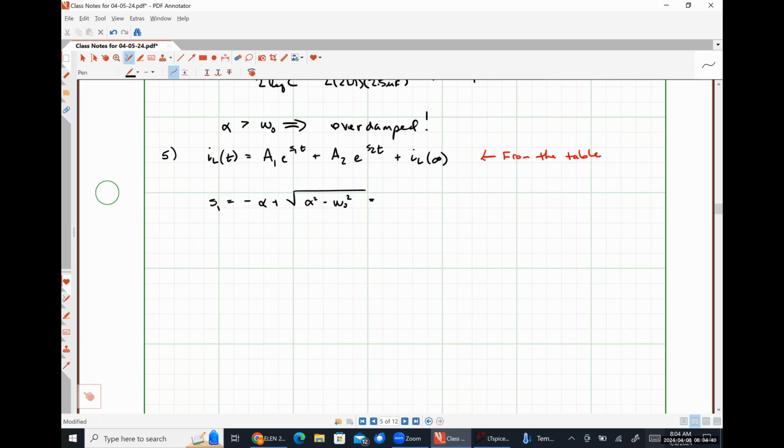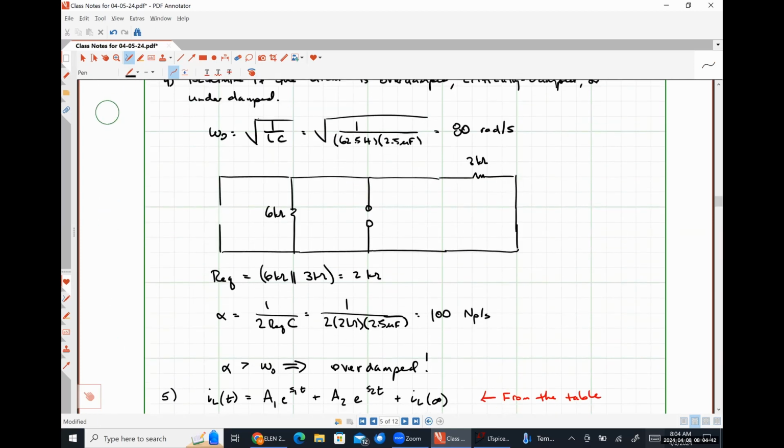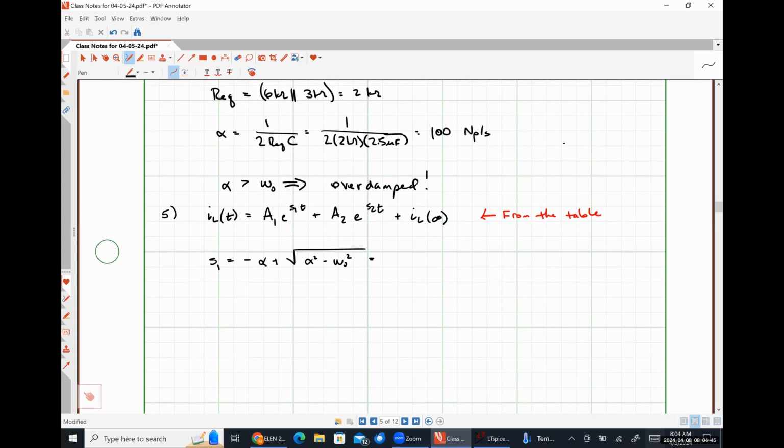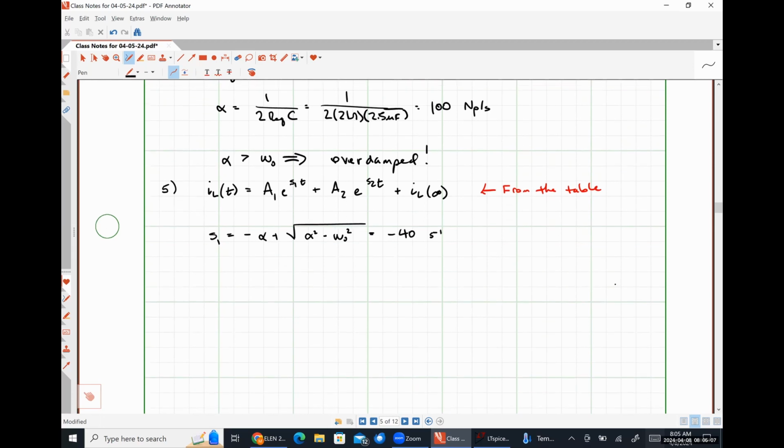Negative alpha was 100. So negative 100 plus the square root of 100 squared minus 80 squared. And this comes out to be negative 40. I was going to say nepers per second, but let's just put it as per second, okay? It's a frequency in as much as it's per second, but other than that, we don't really care.